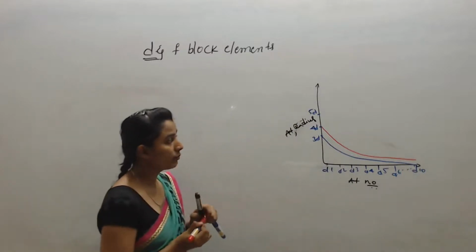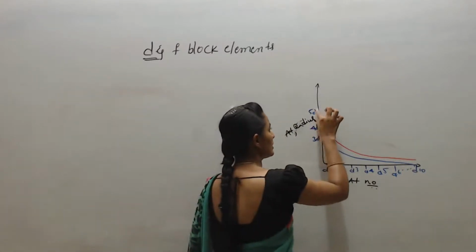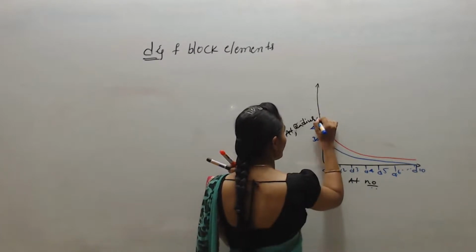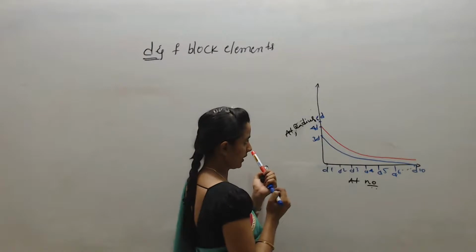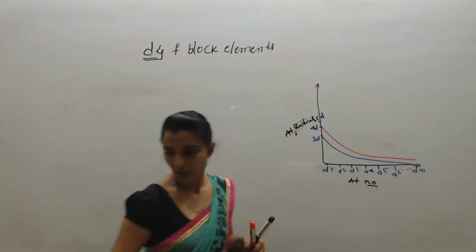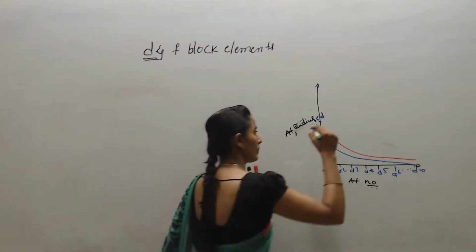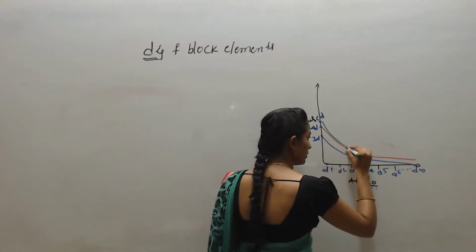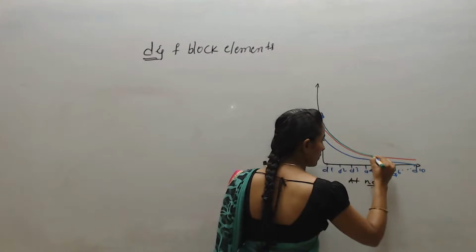Okay, if we come to the 5D series, students, it is a small, much different. This is only a very small difference, 5D. Okay, so here what happens? It is in this form.